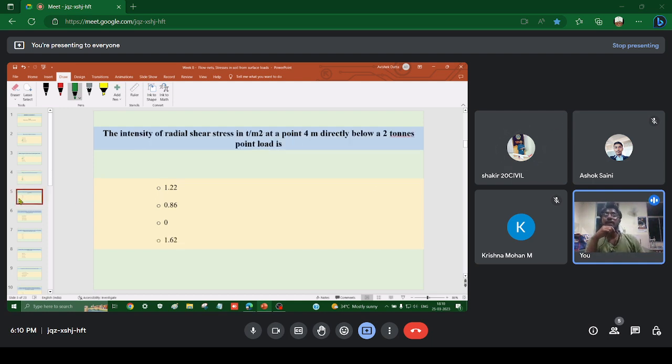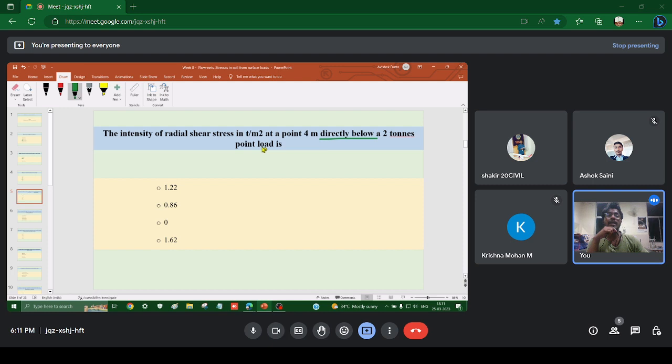The intensity of radial shear stress in ton per meter square at a point 4 meter directly below a 2 ton point load is what? It is a tricky question. I am calculating the intensity of stress at 4 meter directly below the point of application of load. Then the radial distance is how much? 0, right?